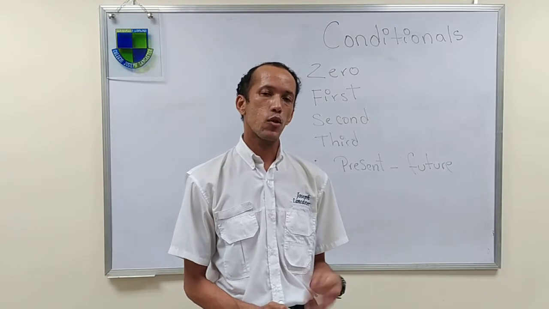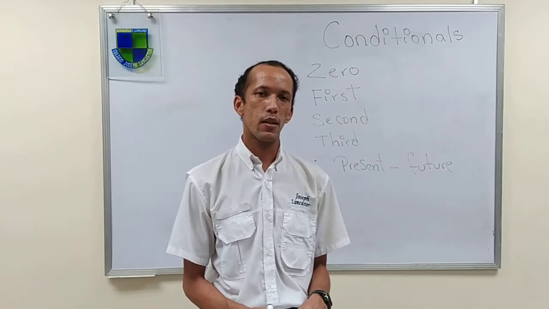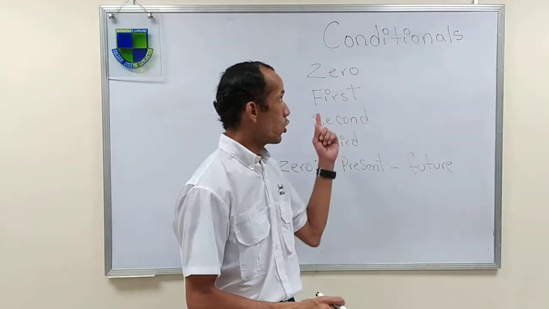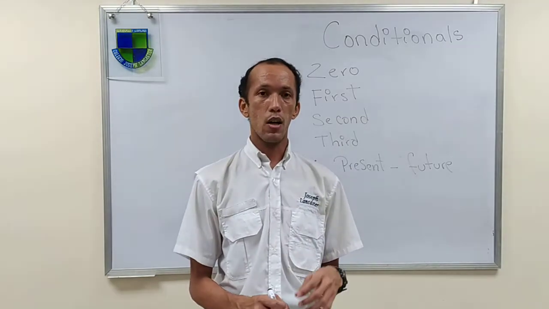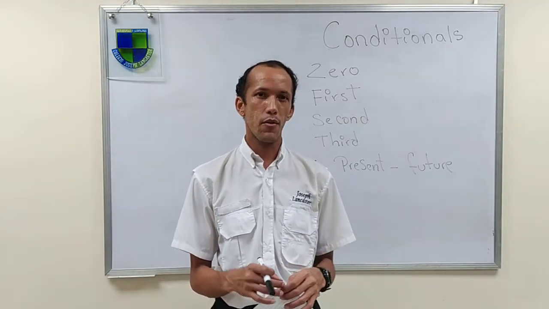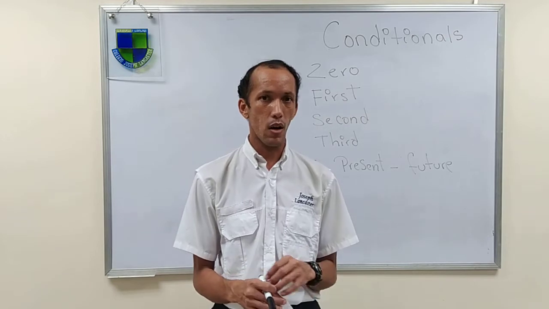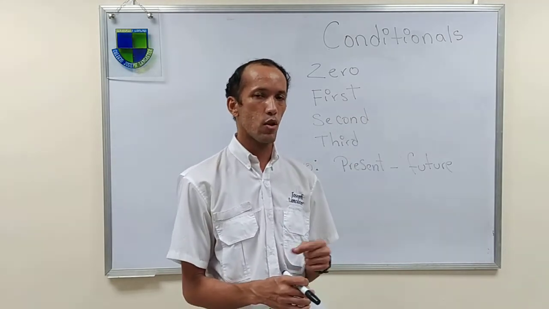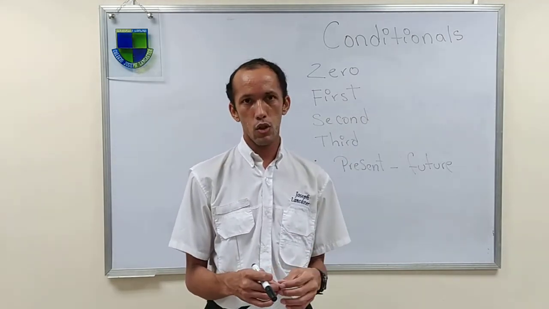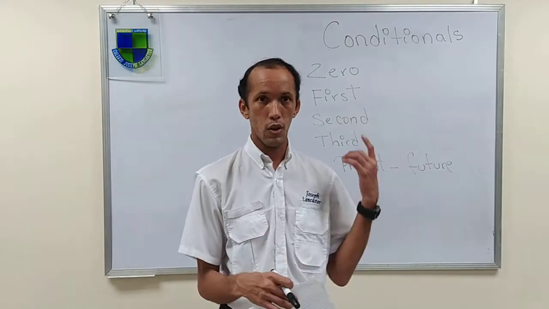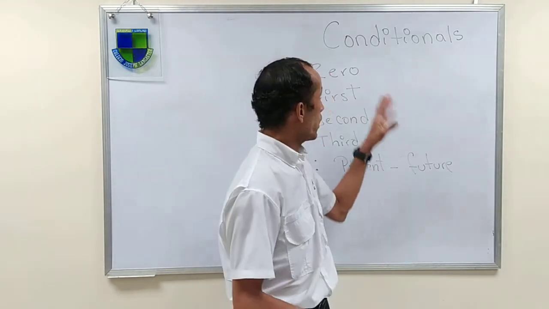In this class today we're going to talk about conditionals. I hope it's basically a review, because I'm quite sure that all of you know this topic properly, but it's also good to refresh that knowledge.